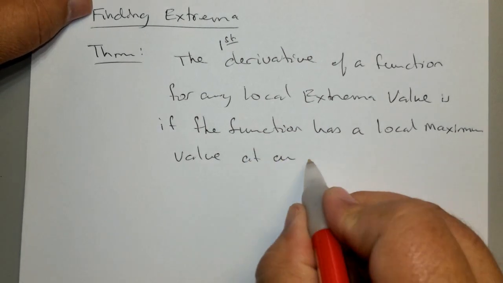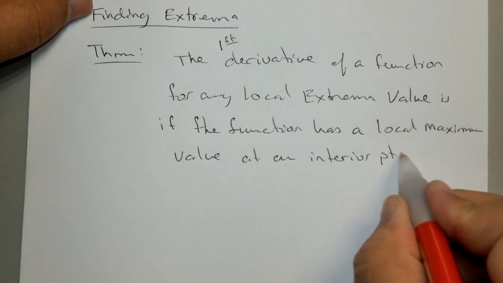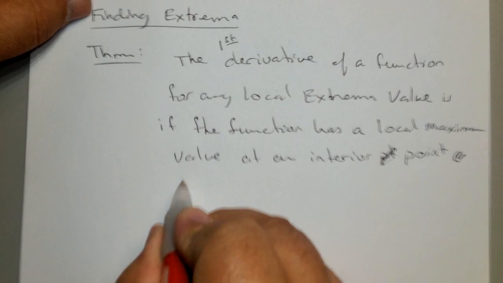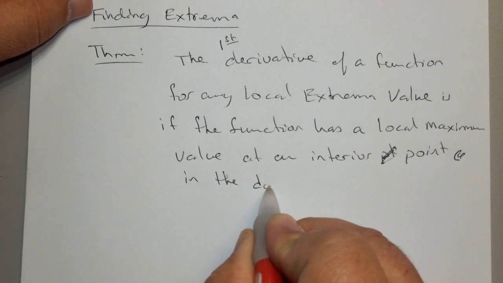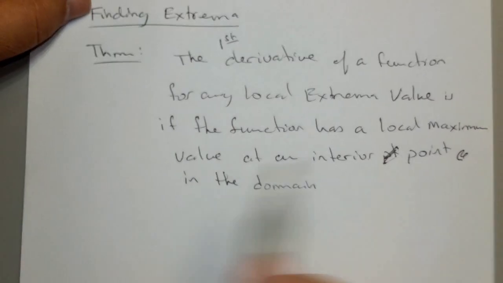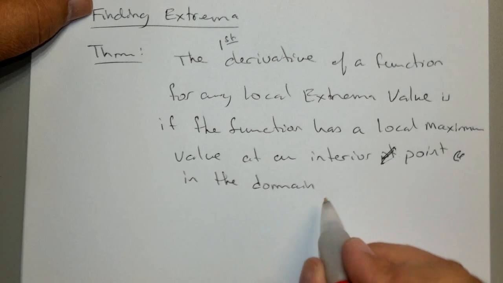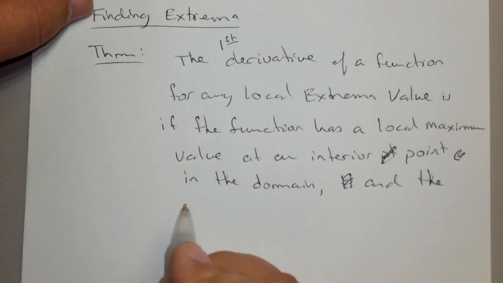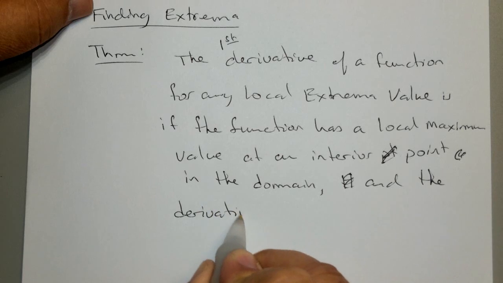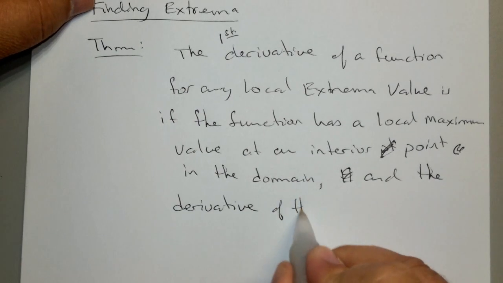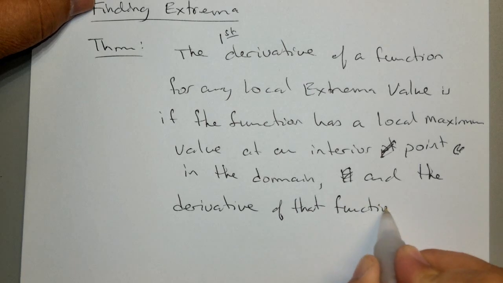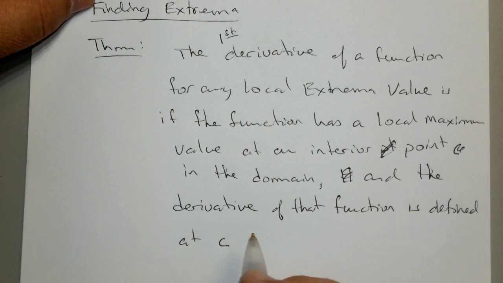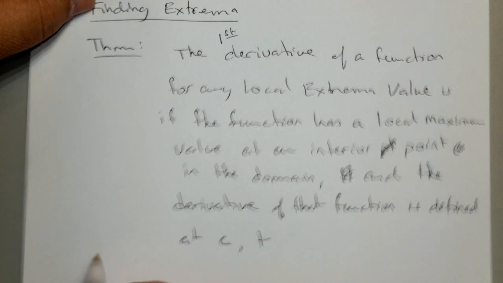Function has a local maximum value at an interior point in the domain, and the derivative of that function is defined at c, any point c where c is inside the domain.